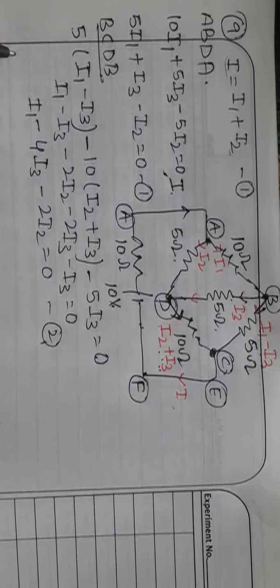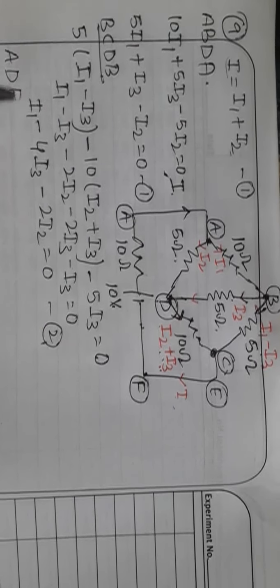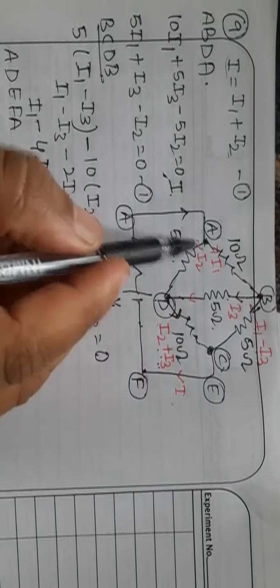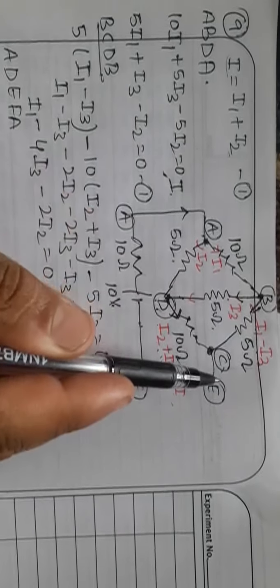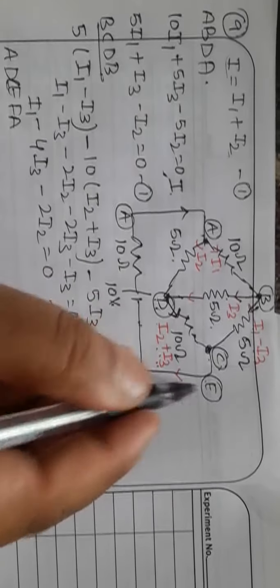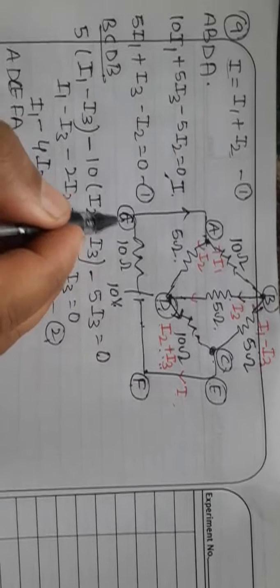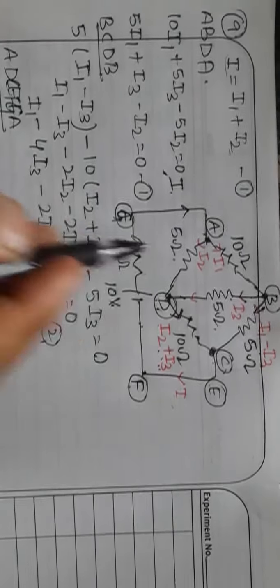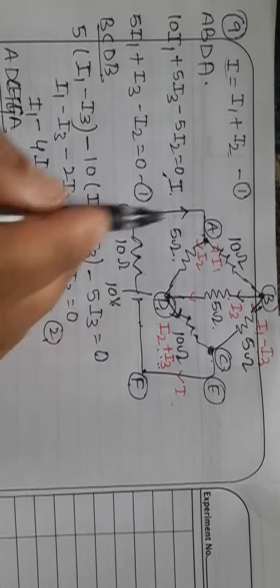Now take the path A, D, E, F, A. You can see A, D, C, E, F, G, and then A. This loop, look at this.